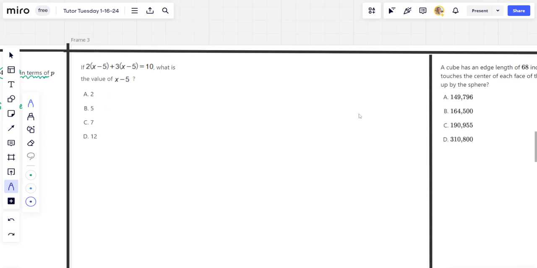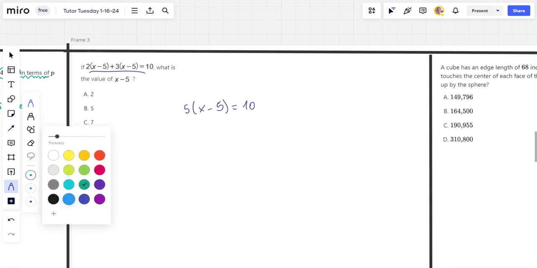What I'll do here is instead of expanding everything out and distributing my terms, I want to combine them. So 2x minus 5 plus 3x minus 5 is 5x minus 5 equal to 10.